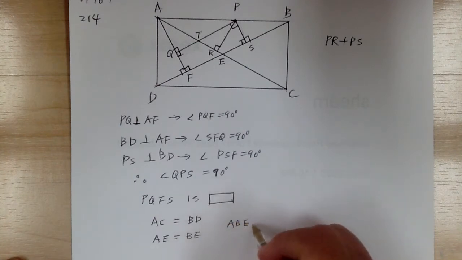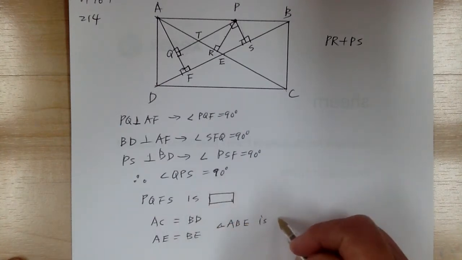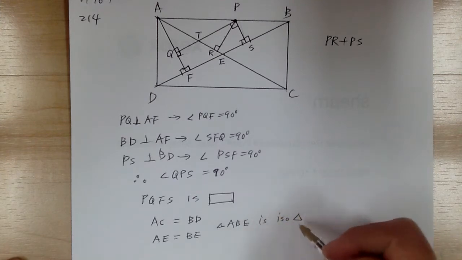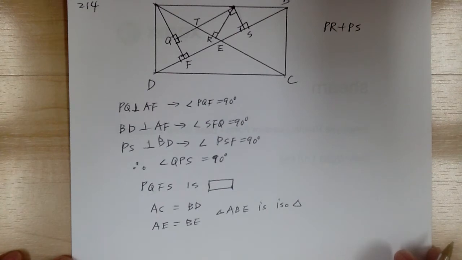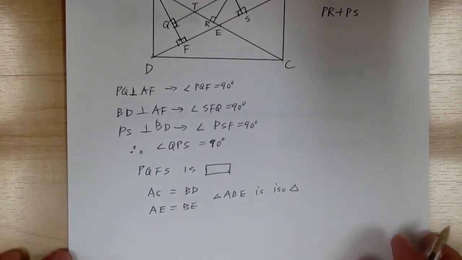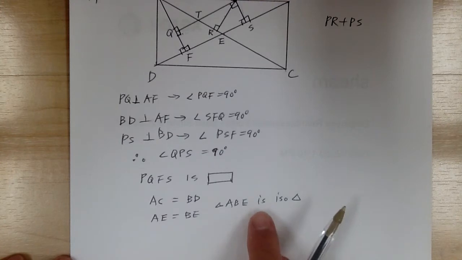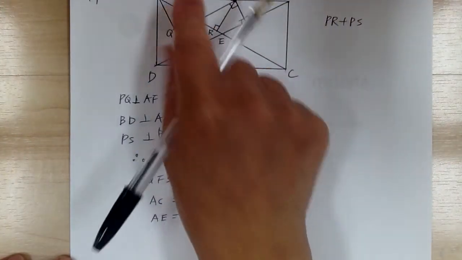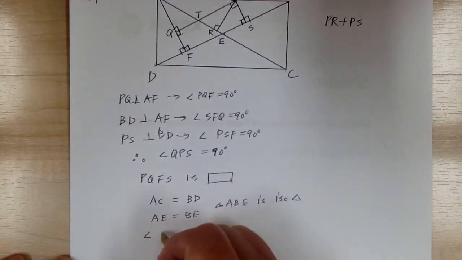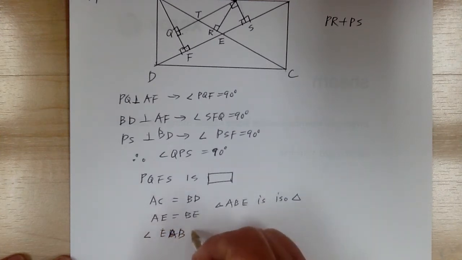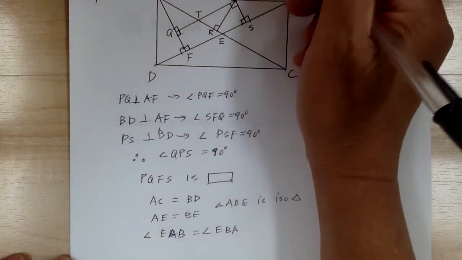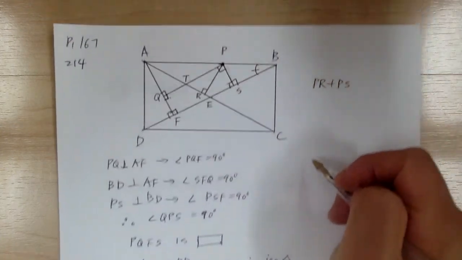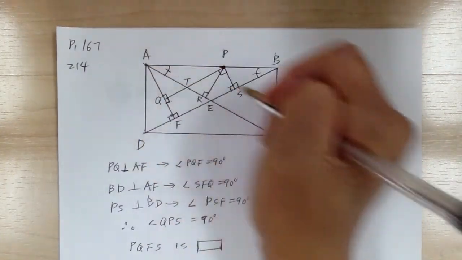So ABE is isosceles. So we keep that there for now. Now since this is isosceles, angle EAB is equal to angle EBA. Okay, so again you have to mark this as you go.